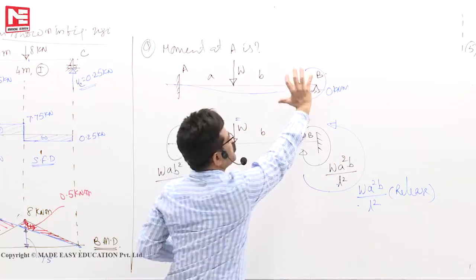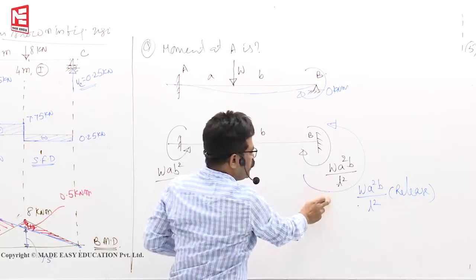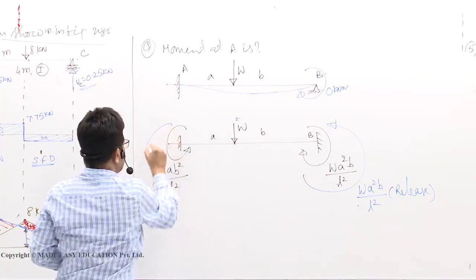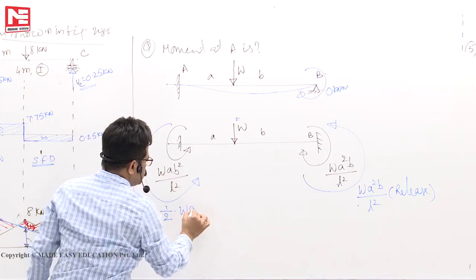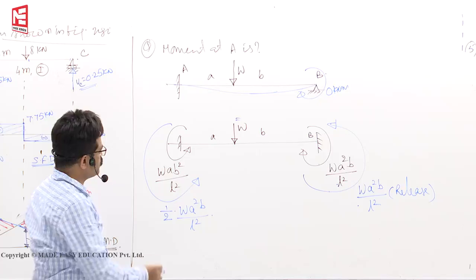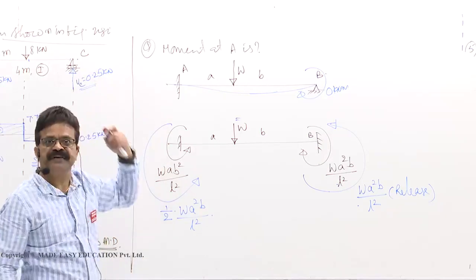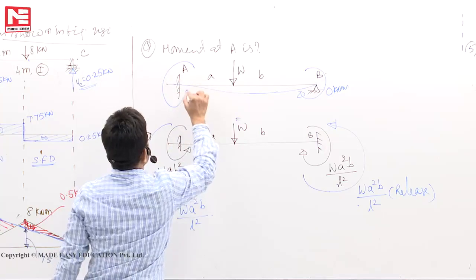So, what you have done? First fix, then we know what is the moment, then release. When you release it, how much moment is carried over here? Half of that, W A square B by L square. Now, you see, I can add these two moments to get the final end moment. That is the process. So, this is your MAB.